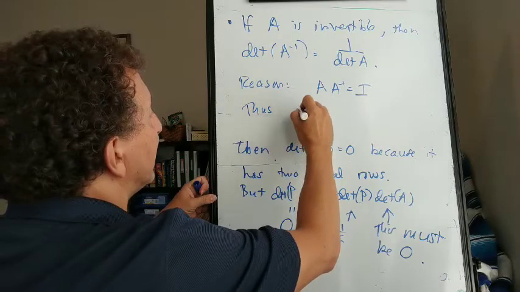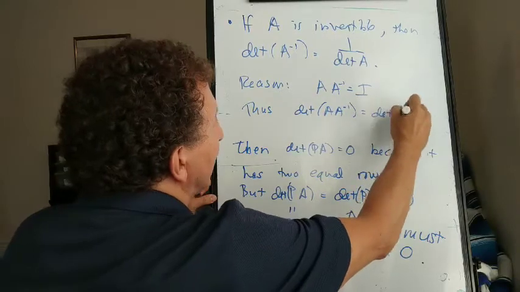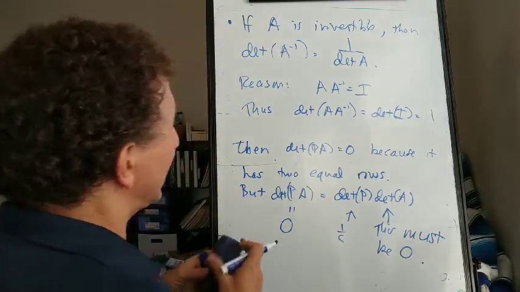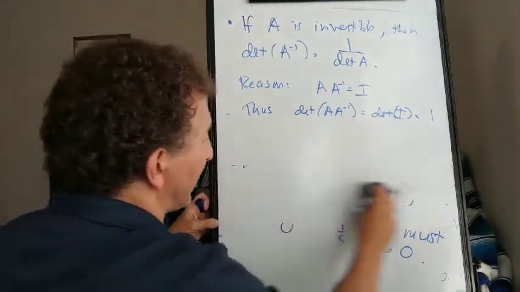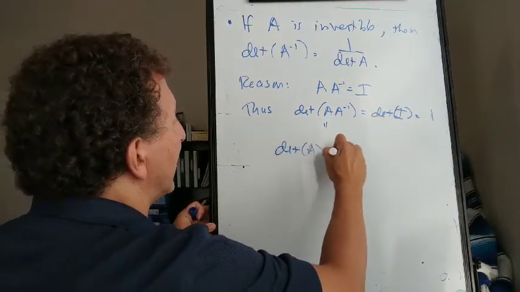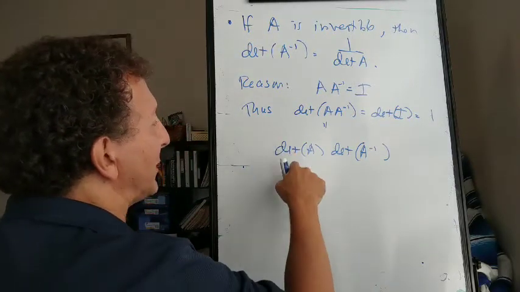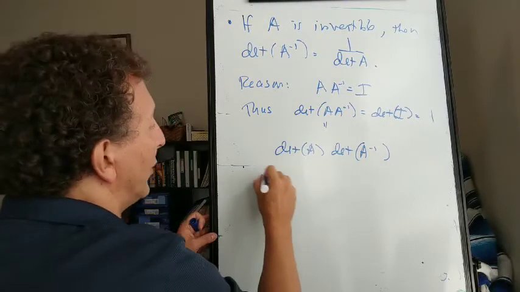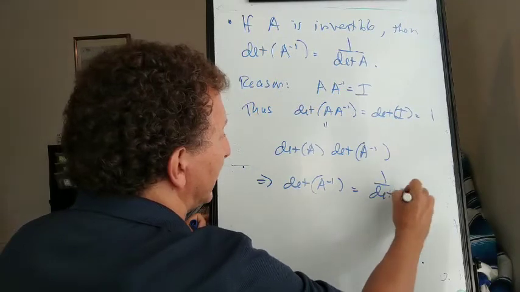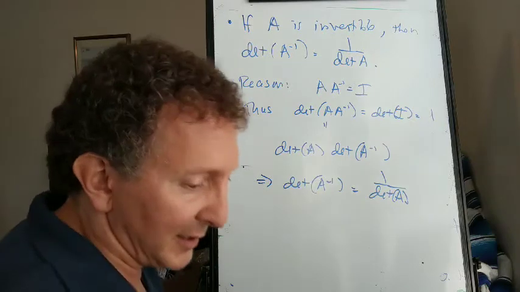So the determinant of A times A inverse is the determinant of the identity matrix, which is the diagonal matrix with all ones. So that's 1. But the determinant of the product is the product of the determinants. So we're saying determinant of A times something equals 1. Well, that means that something equals 1 over determinant of A. And if A is invertible, we know its determinant is not 0, so we can divide by it here.